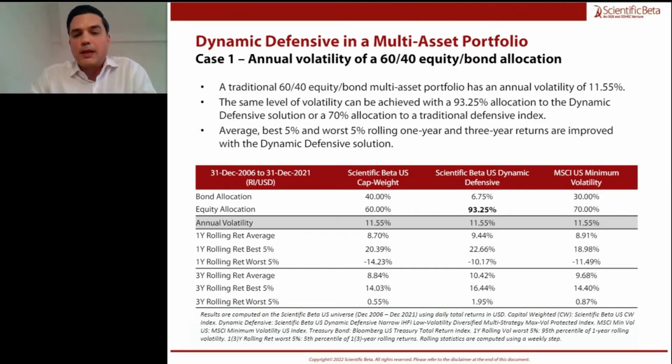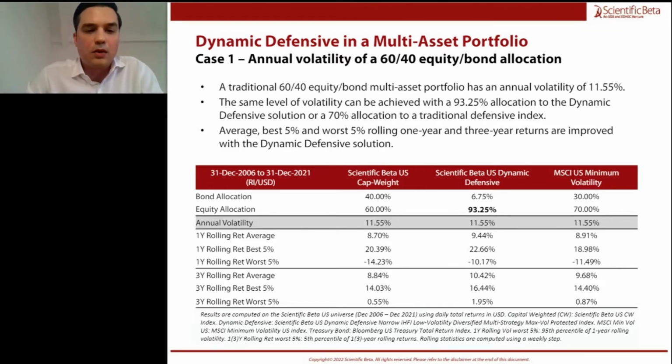What this means in practice is that you can have less allocation to the fixed income component, you can have more allocation to the equity component, and reap the benefits with respect to your distribution of returns.